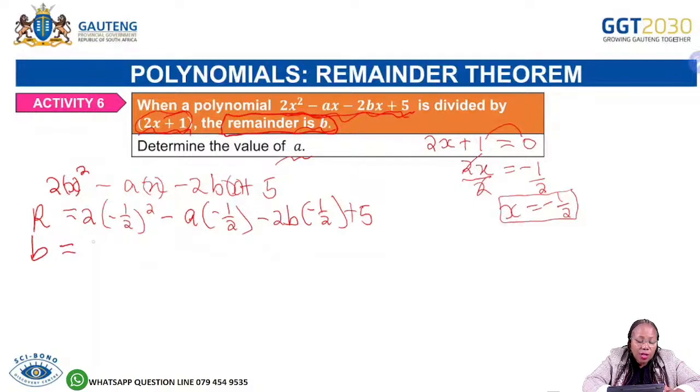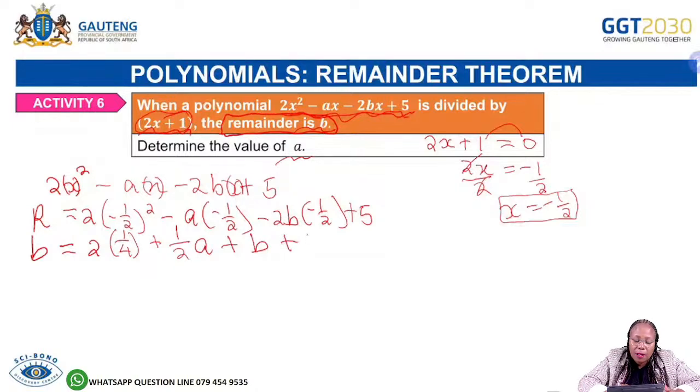So on this side we are having 2 into minus half squared, which is 1 over 4. And then minus a times half is minus half a. And then minus 2b times minus half is plus b, because half of 2 is 1, grade 12, therefore it will be positive b there.